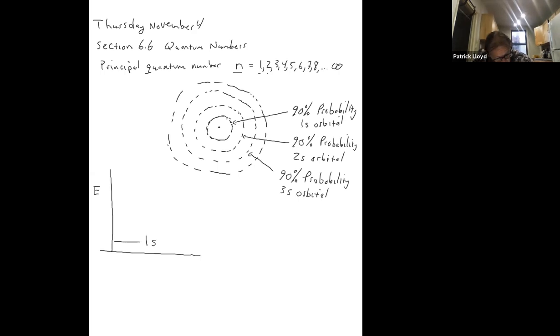Then we have the 2s. The 2s is pretty high up in energy compared to the 1s, right? This is increasing energy. Then the 3s is higher than 2s, but look, it's not nearly as widely spaced as the 1s to the 2s. The difference in energy between 2s and 3s is much smaller than it is between 1s and 2s.